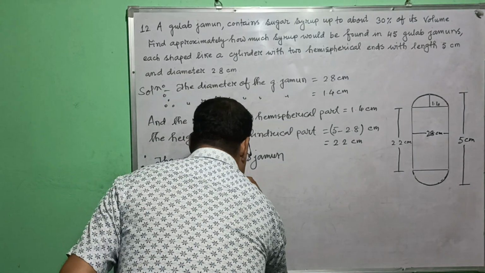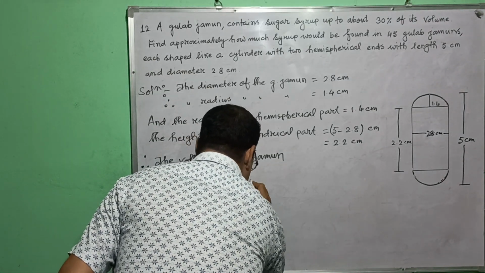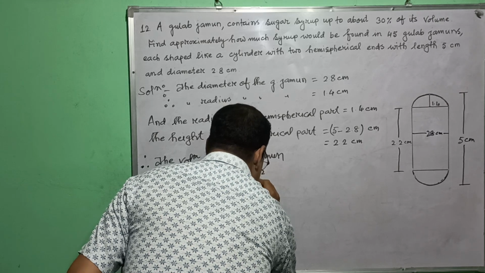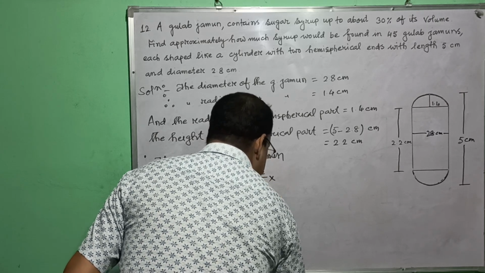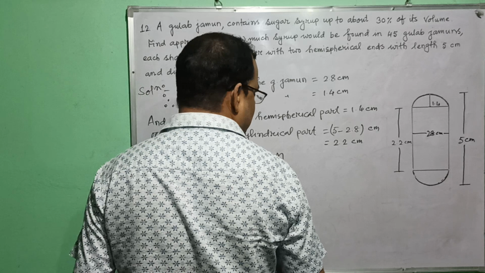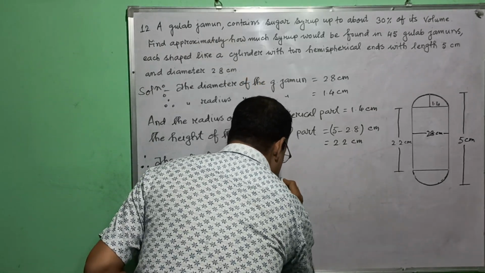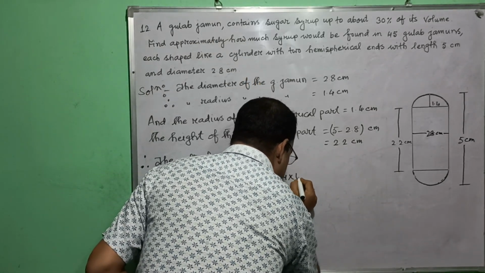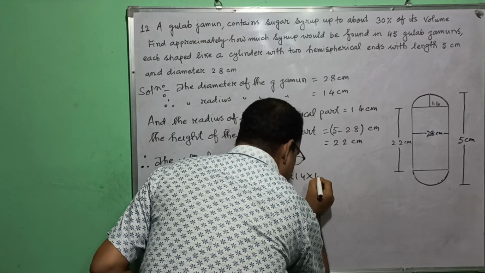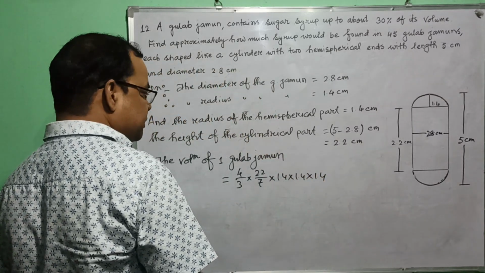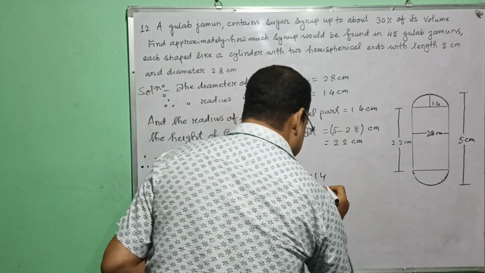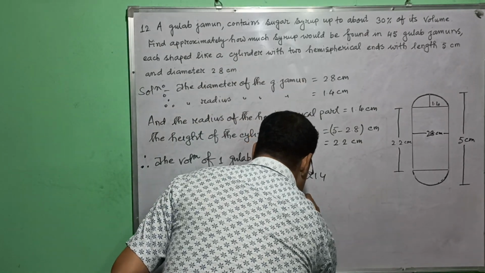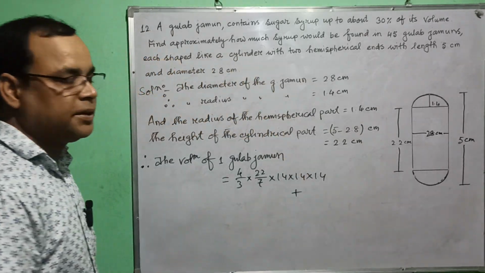So, we can write 4 by 3 into 22 by 7 into r is 1.4. So, here will be 1.4 into 1.4 into 1.4. This is only the hemispherical part, plus, let me write here plus. So, now cylindrical part.